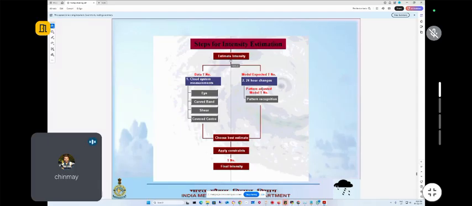Always the first step is finding the center of the cyclone. Once you find the center, step 2 is to find the pattern of the cyclone. The pattern would be one of these four. Unless you have these two things, center and pattern, you cannot go ahead with the measurements. So center and pattern is what is required.